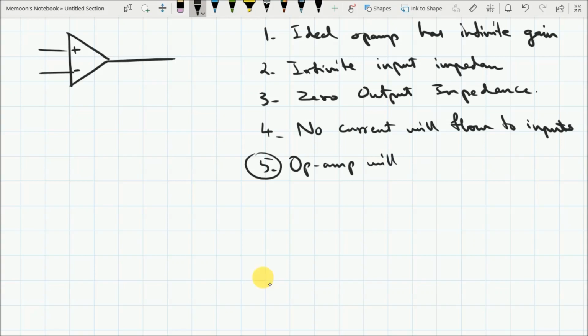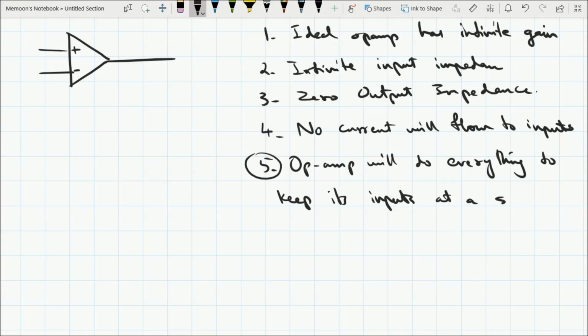So an op-amp will do everything to keep its inputs at the same potential. Now we can also assume as a general rule that these two inputs will be at the same potential if the op-amp is not operated in an open loop configuration.